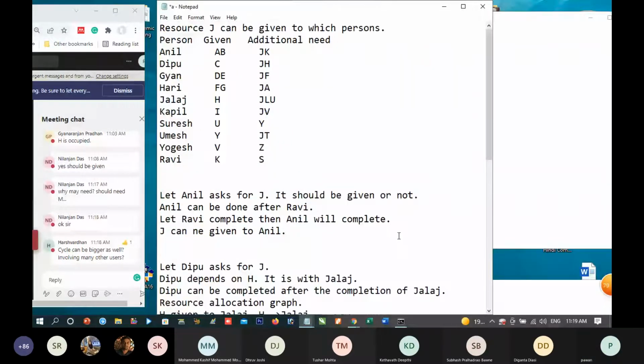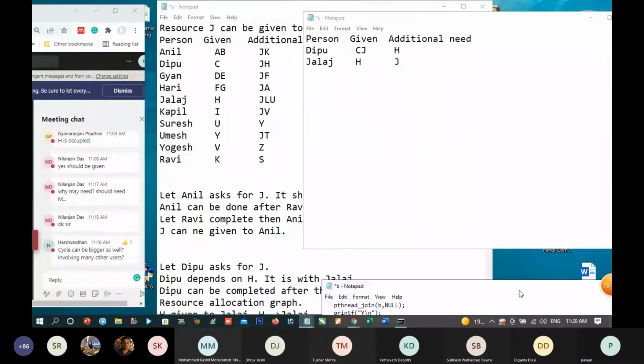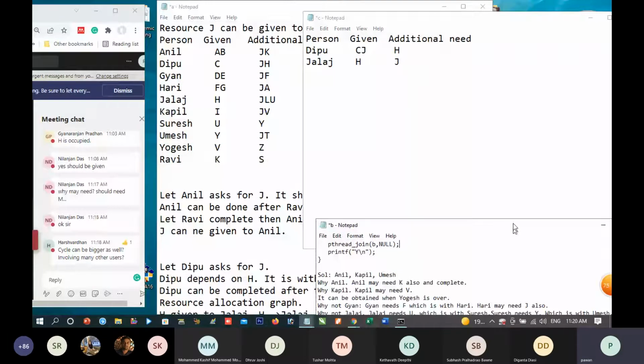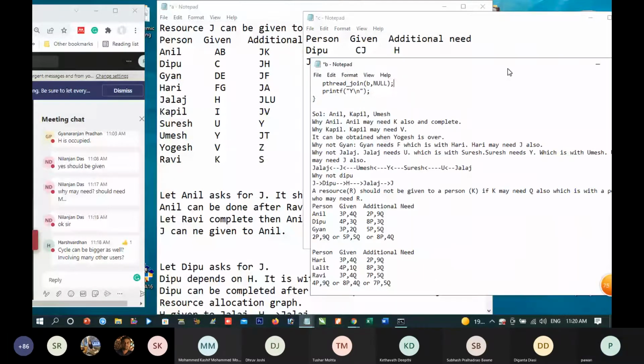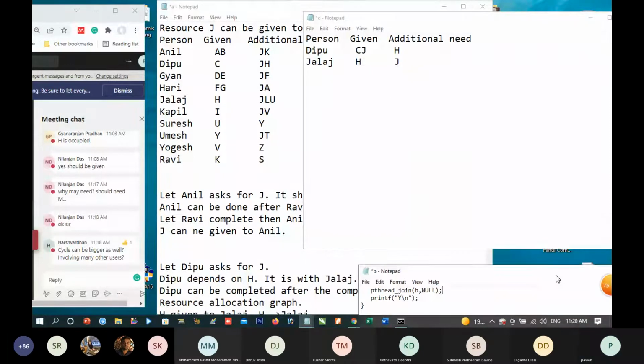Now, let us see whether J can be given to Jalaj.